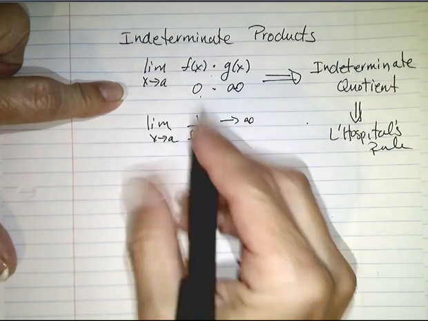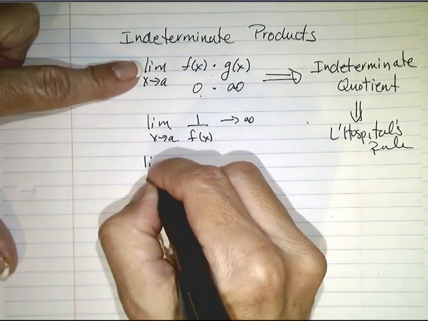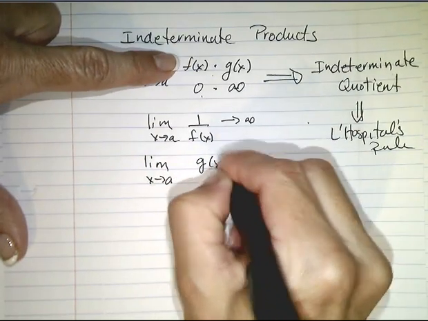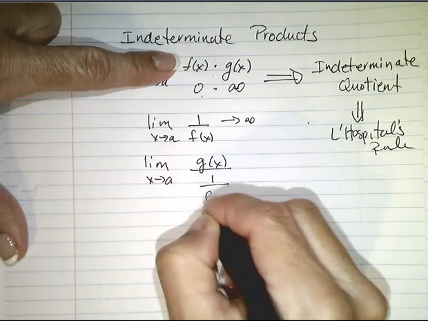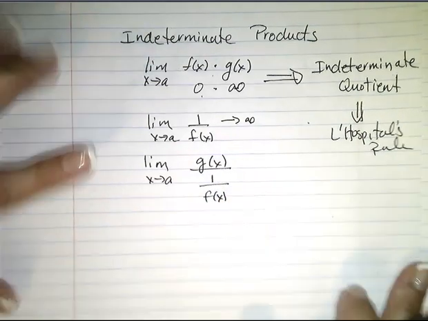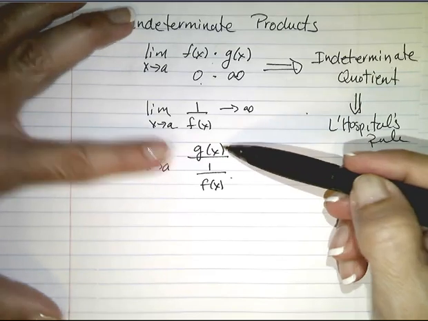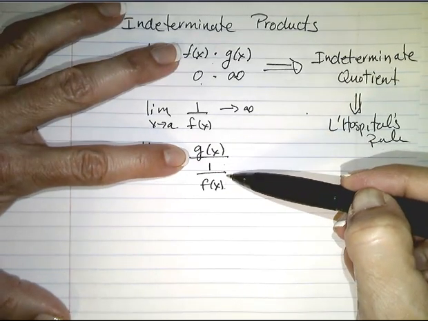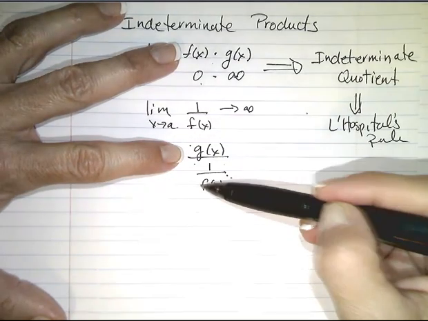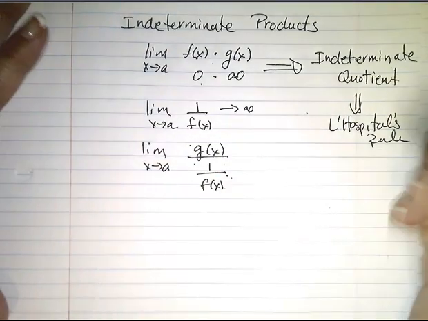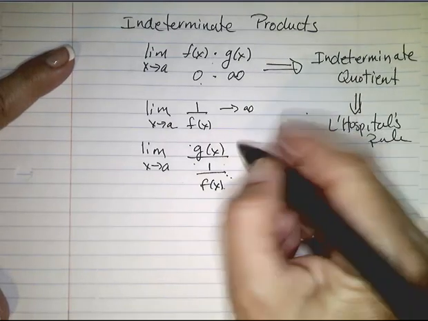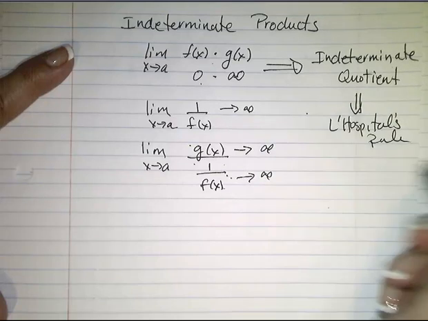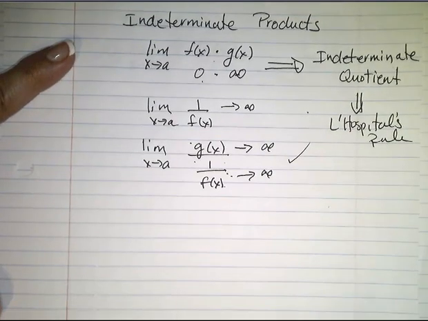Which means if I rewrite this, the limit as x approaches a of g of x over 1 over f of x, and maybe you need to pause and look at that for a minute, but g over 1 over f of x is the same thing as f times g, right? 1 over f is just f. Now, if I rewrite it this way, I see the top goes to infinity still, and now the bottom goes to infinity. And so we have an indeterminate quotient.